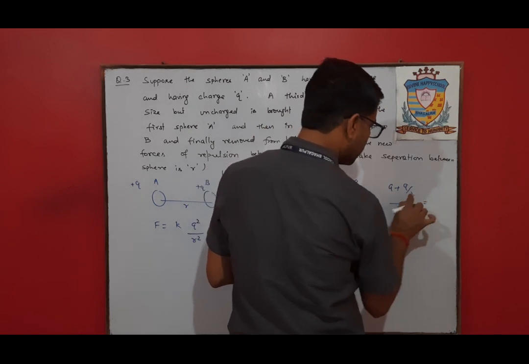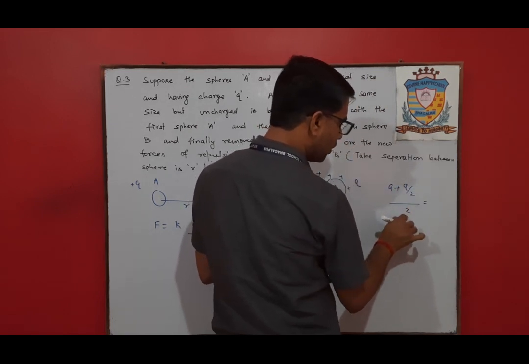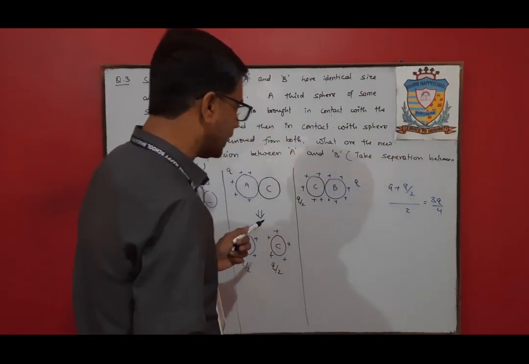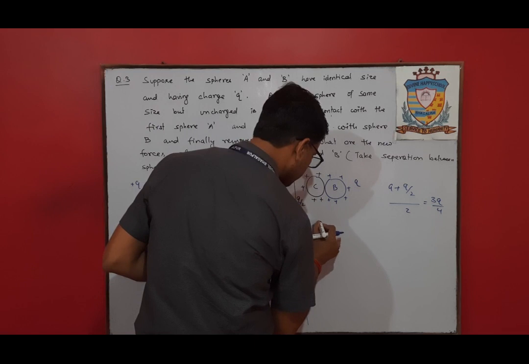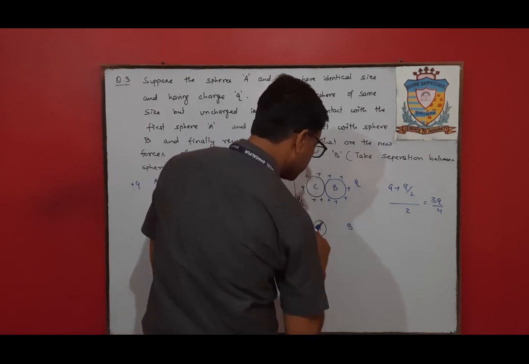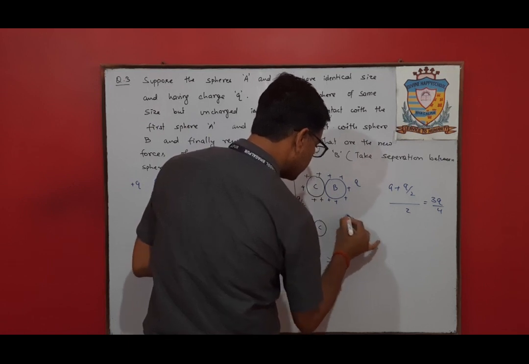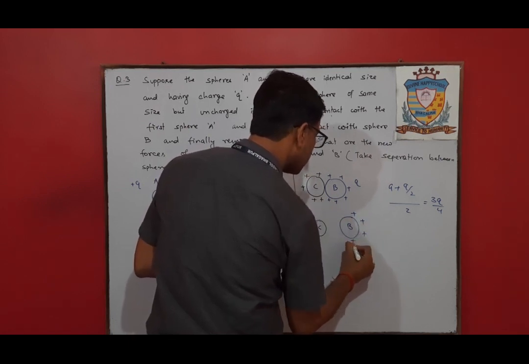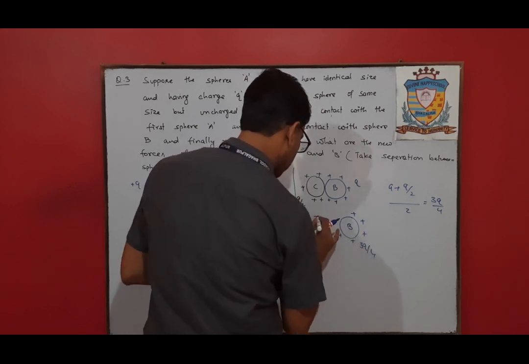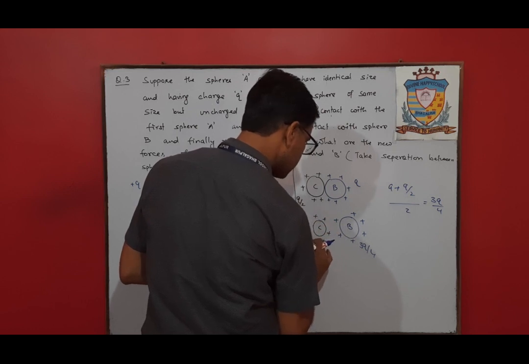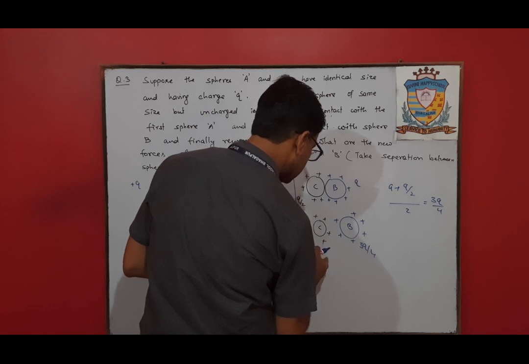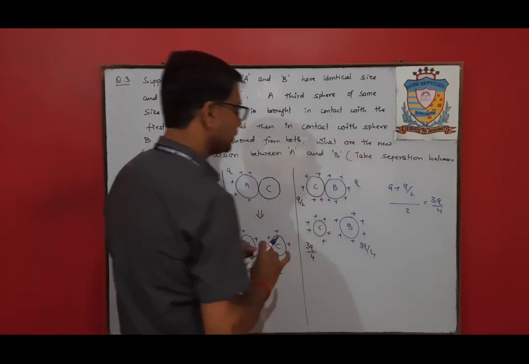After solving, this becomes 3Q by 2 divided by 2, that means 3Q by 4. Each one will get a charge of 3Q by 4, C and B.